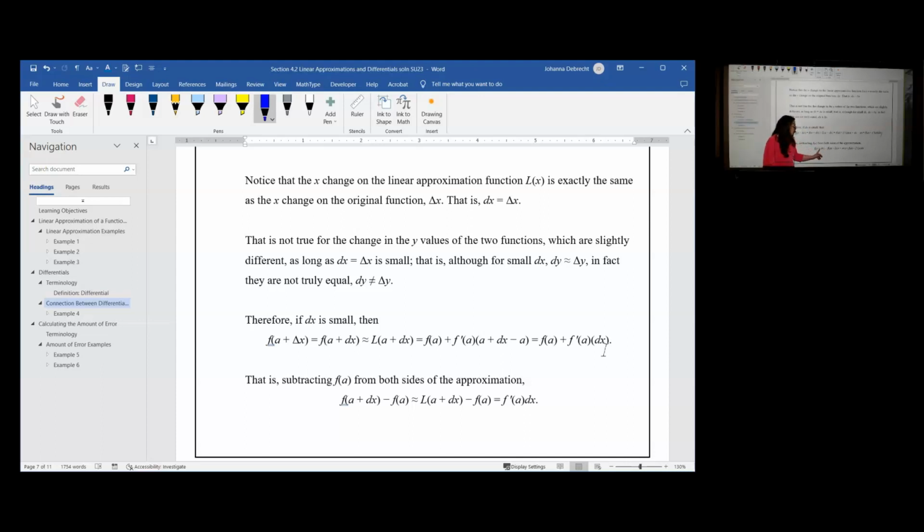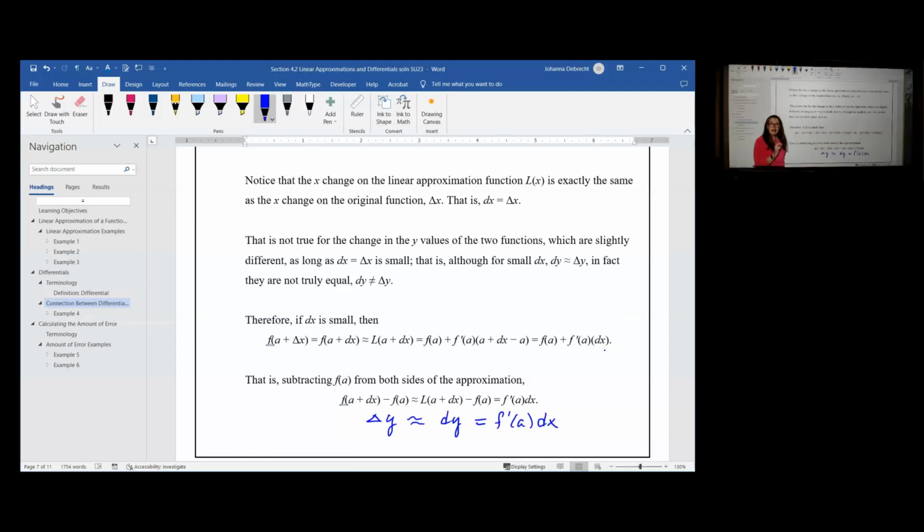The difference in the y values on the function is approximately equal to the linear approximation function minus f of a, which I know to be dy, which is f prime of a dx. In other words, what we're saying is delta y is approximately equal to dy, and dy is f prime of a times the differential dx.